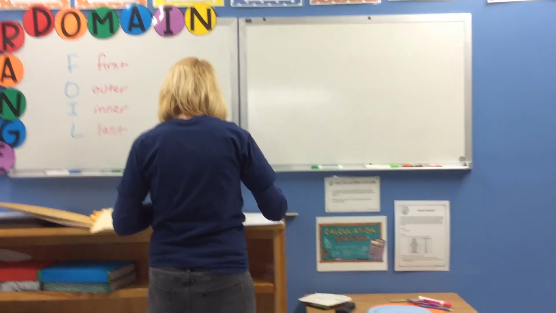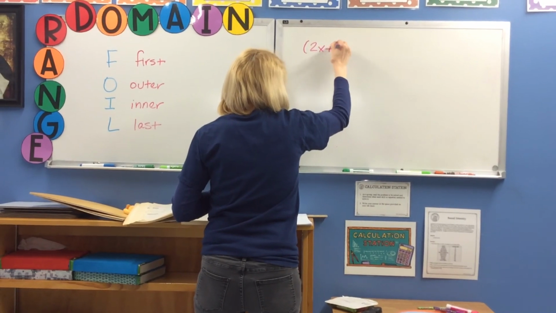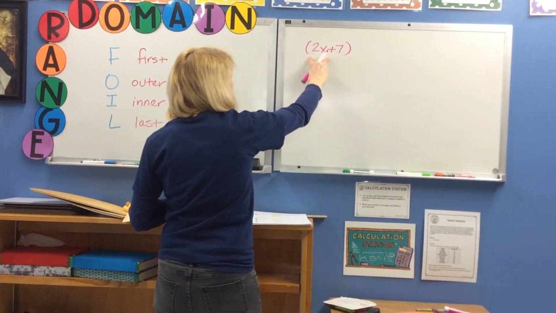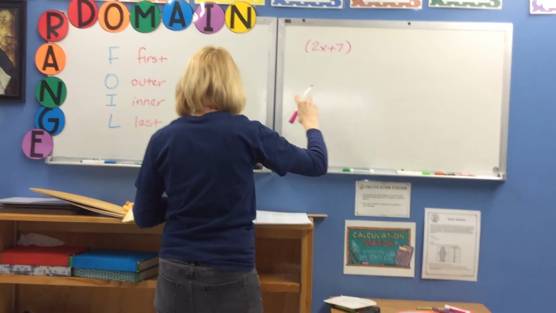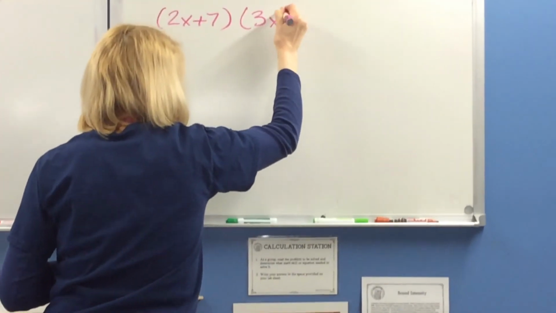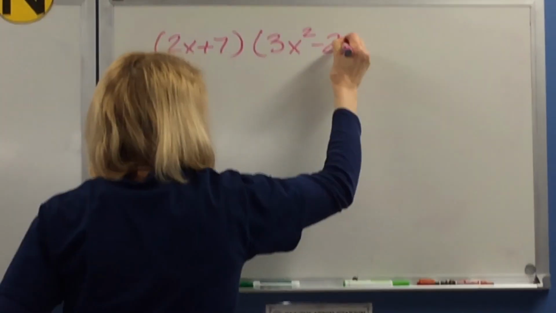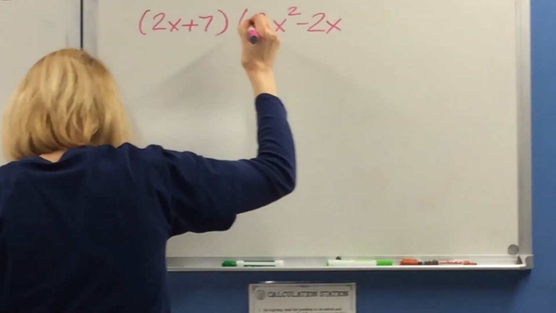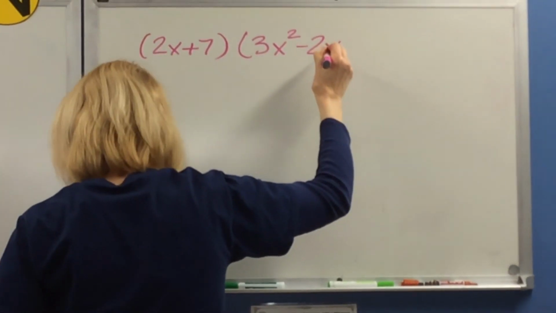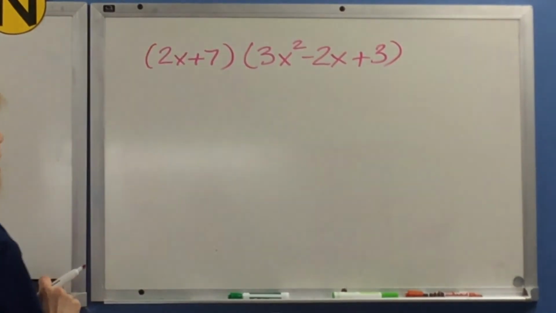So we've got a two-term polynomial, a binomial, and a three-term polynomial, a trinomial.